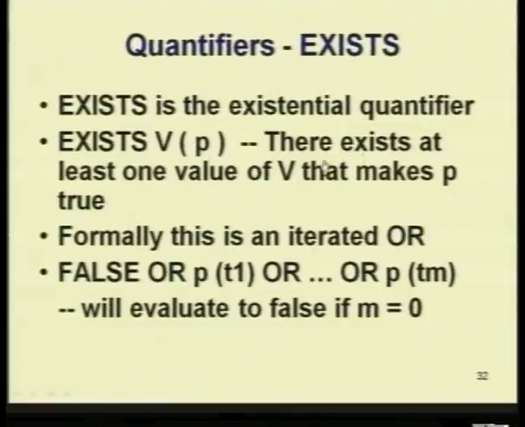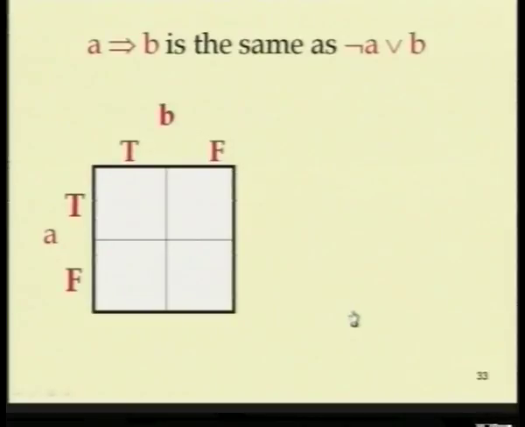It is called the existential quantifier. So, we have two quantifiers, universal quantifier and existential quantifier. This says that there is at least one value of v for which this particular predicate P is true. Formally, this is an iterated OR: false or P of t1 or and so on, and it will evaluate to false if n is equal to 0.